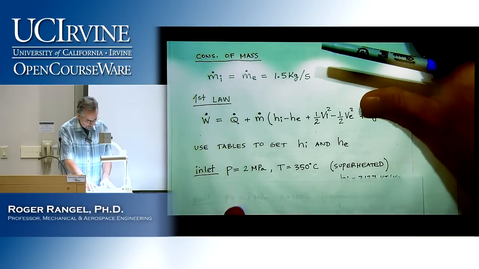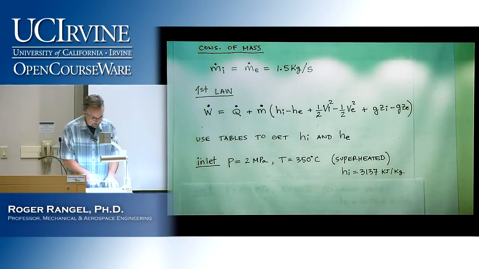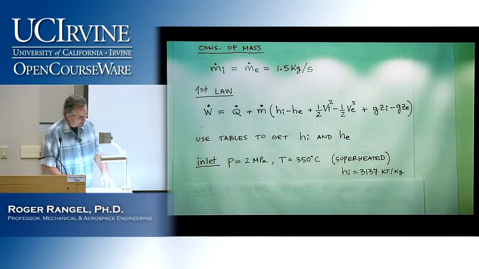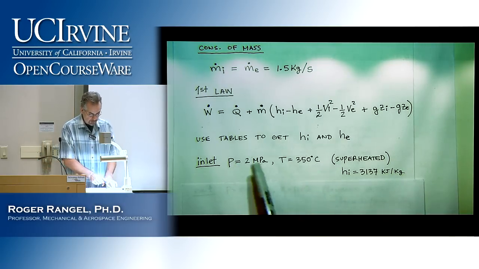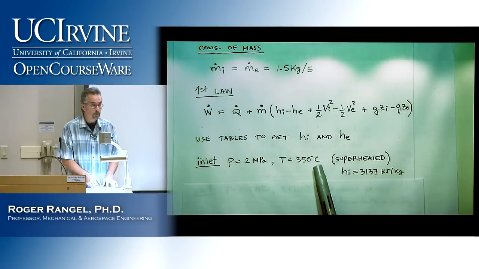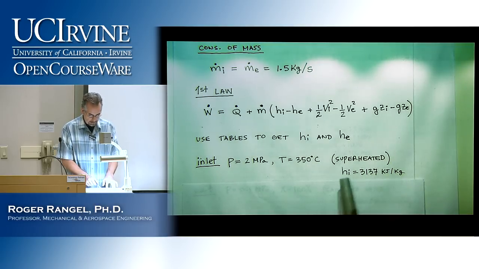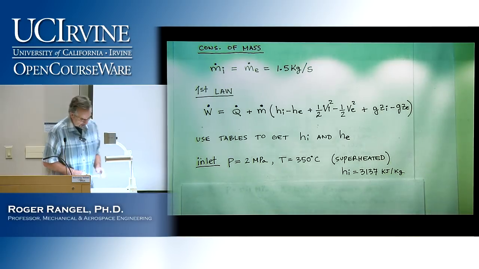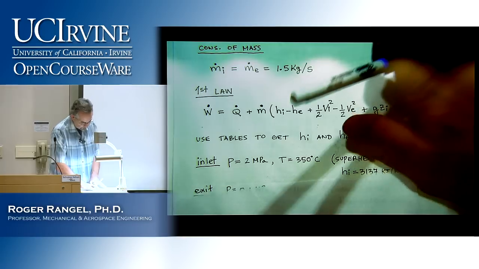Remember, what was given to us was the pressure at the inlet, 2 megapascals, and temperature at the inlet, 350 Celsius. Then it should now be easy for you to determine that this corresponds to superheated water vapor. So you have to go to the superheater table and get the enthalpy that corresponds to that pressure and temperature, and that happens to be 37 kilojoules per kilogram.